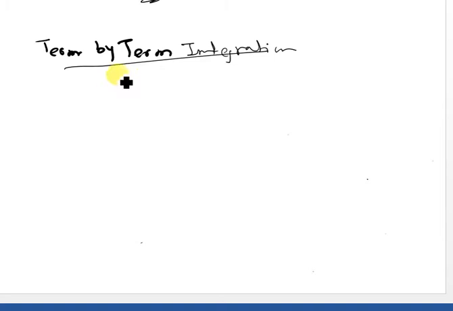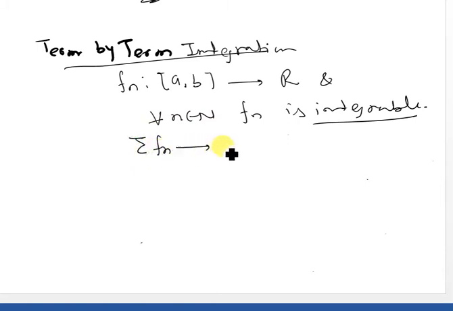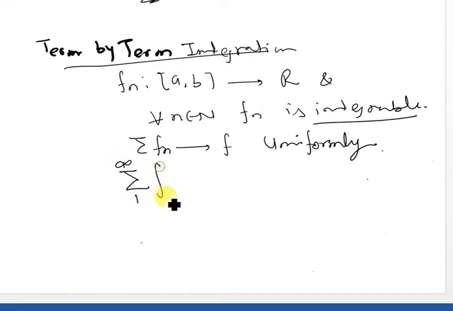The condition is, suppose a sequence of functions is defined over a closed interval [a, b] to R, and for all n belongs to N, each fn is integrable. And if the summation of fn converges to f uniformly, then if we integrate each function individually and take the summation, or if we first add all the functions and take the integration, both are the same thing.